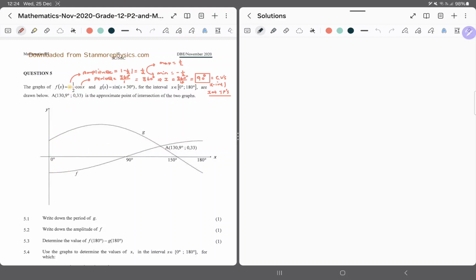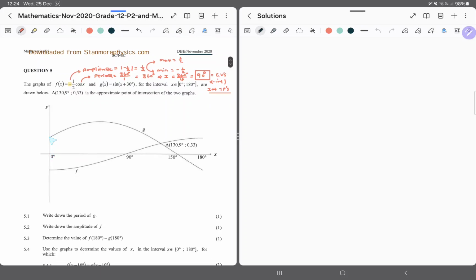Now it's a vertical reflection. It should be starting at a half there, but it's starting over there. So we know that this is minus a half, because cos of 0 gives us a maximum. So this is not just a y-intercept, but a turning point, a minimum value.